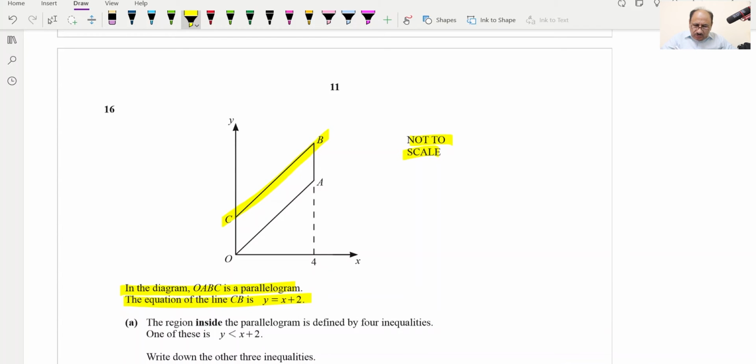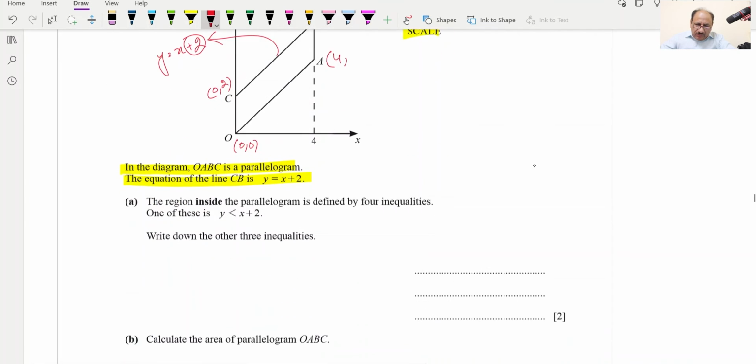So y is equal to x plus 2 is this line, and now if we check, this is the y-intercept, which is 2, so the coordinates of C will be 0 and 2, and now coordinates of A also we can write, this origin will be 0 0, and now we can write this as 4.